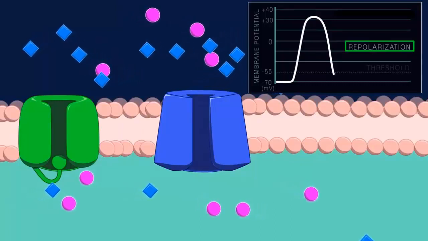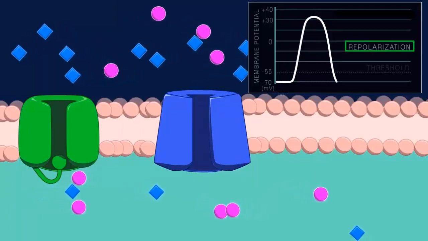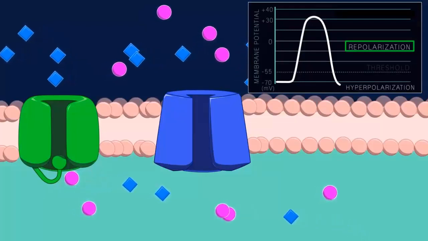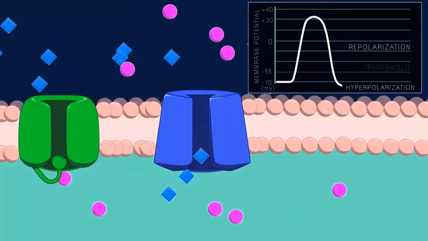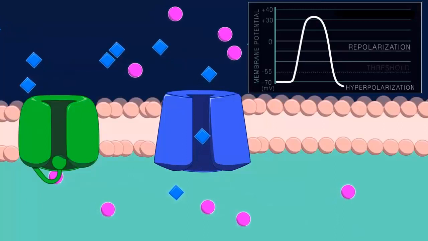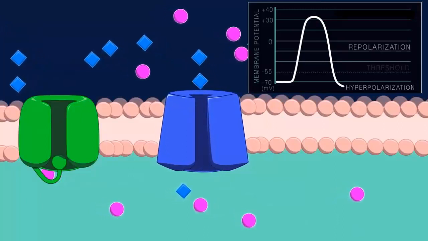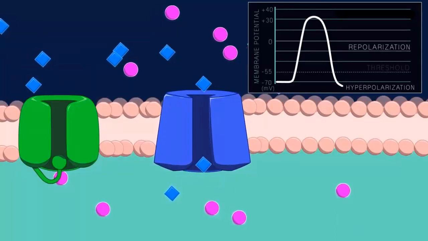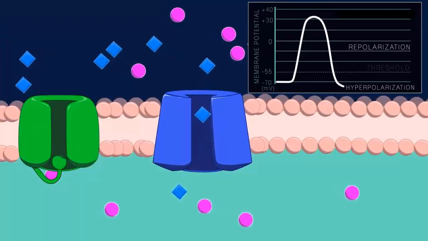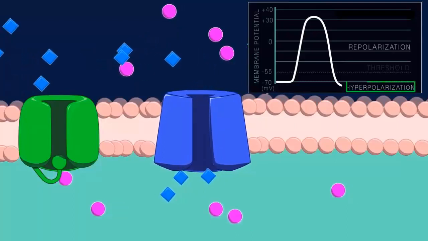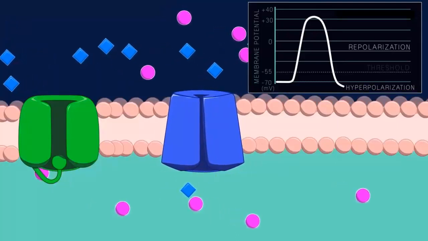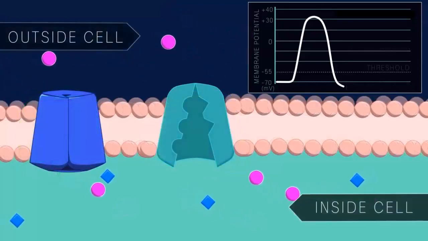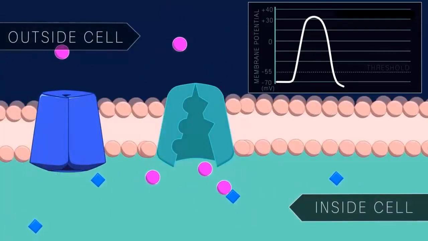But the potassium channel takes a little longer to close, which leads to an overflow of potassium ions outside the neuron. This causes a further decrease in the membrane potential to -80 millivolts. This is referred to as hyperpolarization. If you are asking now, but how is the resting potential retained again?